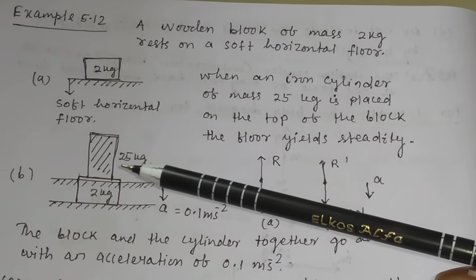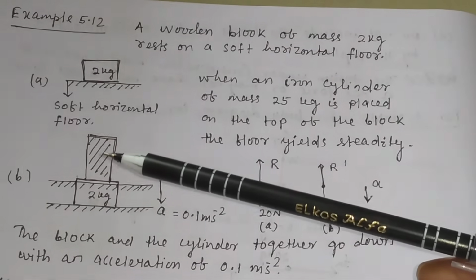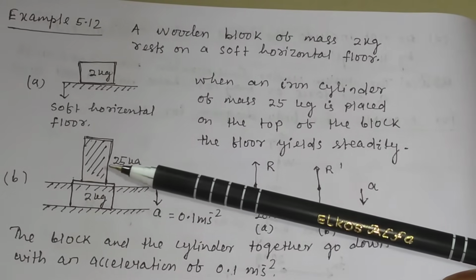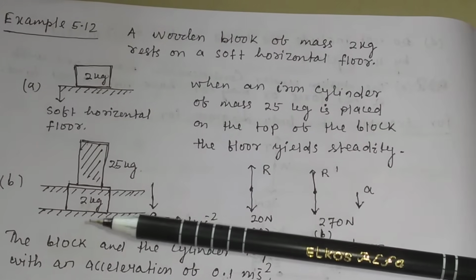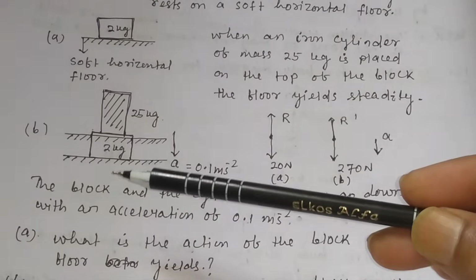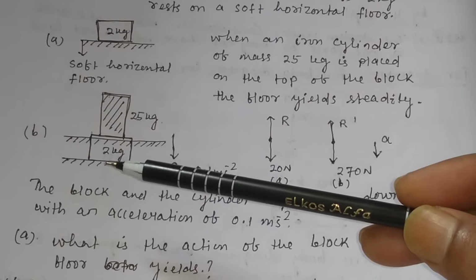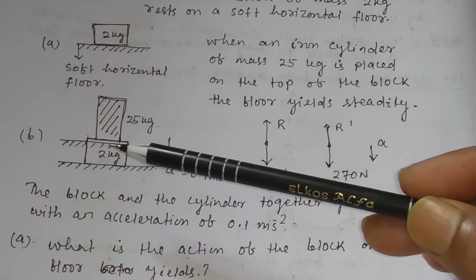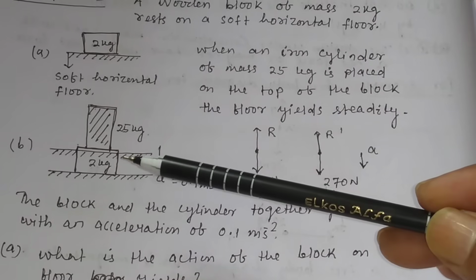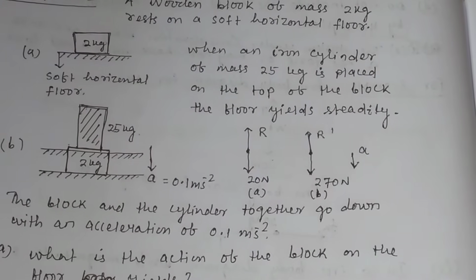As you see in this diagram, this is the iron cylinder whose mass is 25 kg. When this iron cylinder is put on the top of the block of mass 2 kg, the soft horizontal floor, as you see, comes down. Initially it was here, then after putting the iron cylinder, it comes to this position.